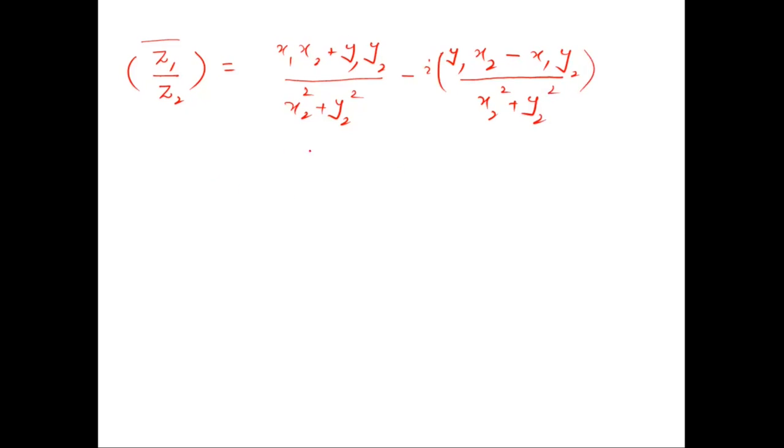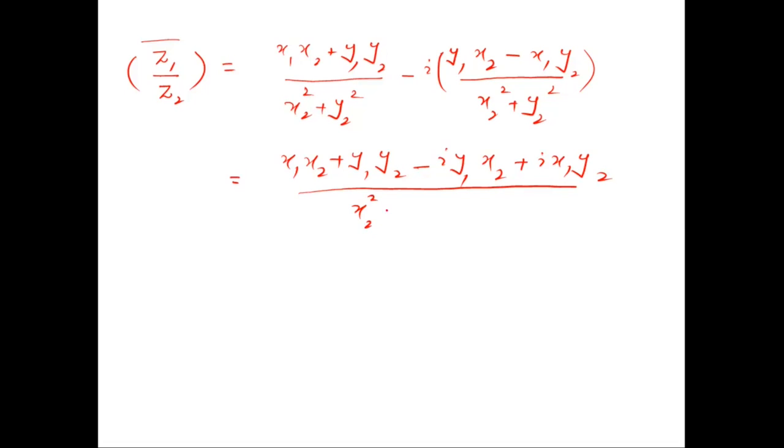Now boys, you have to open the brackets: x1 x2 plus y1 y2 minus iota y1 x2 plus iota x1 y2, divided by x2 square plus y2 square. So write (z1 over z2) whole conjugate.